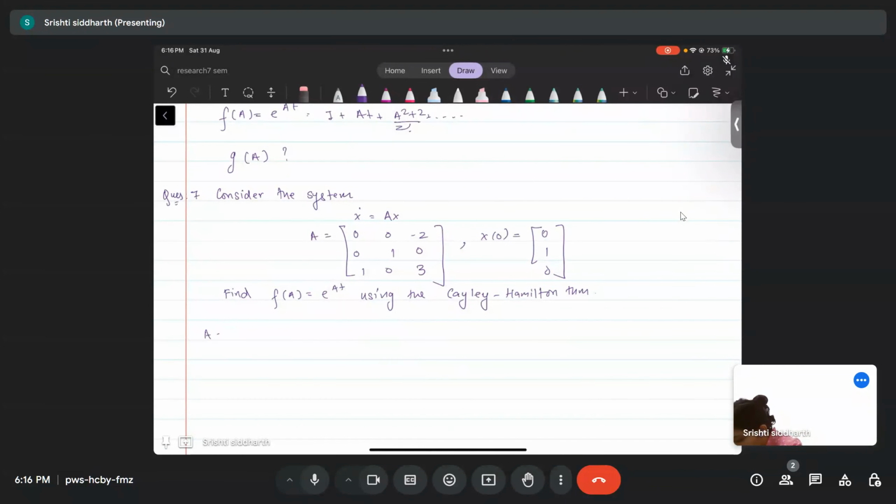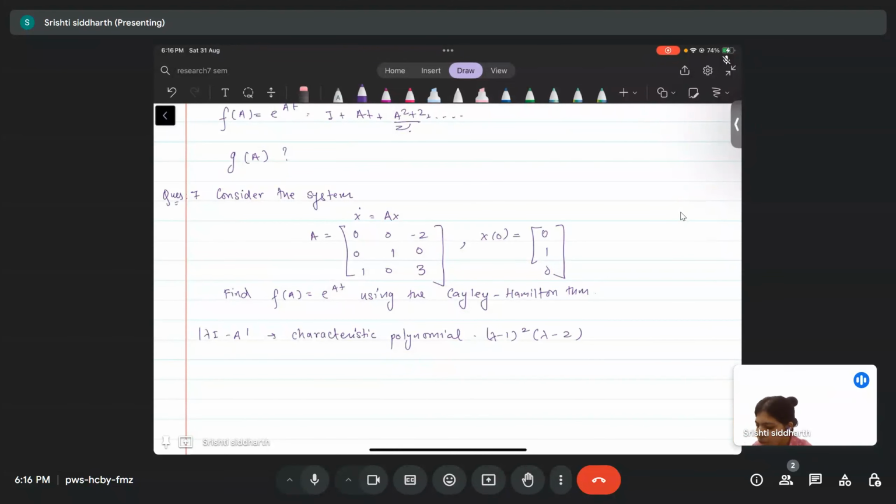So we have the determinant of A minus lambda I equals 0. I'm just going to write this down. This is given by lambda plus 1 squared, lambda minus 2.